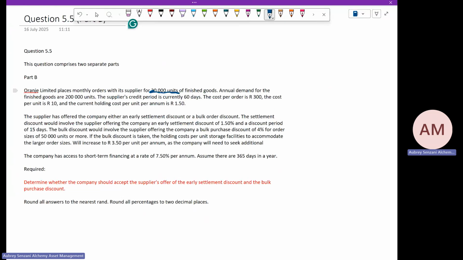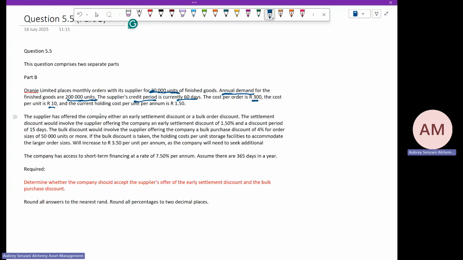So annual demand, 200,000 units. The supplier's credit period is 60 days. So we've got a credit period of 60 days from the supplier. Cost per order is 300 and cost per unit is 10.